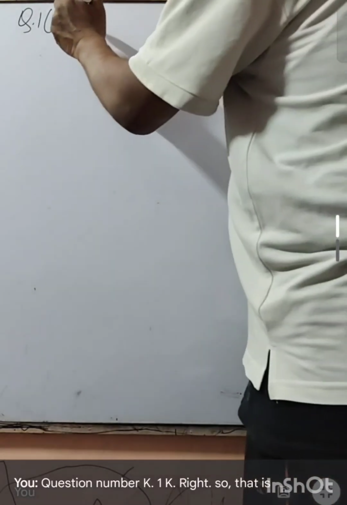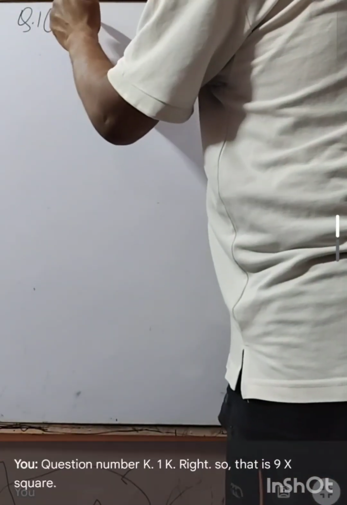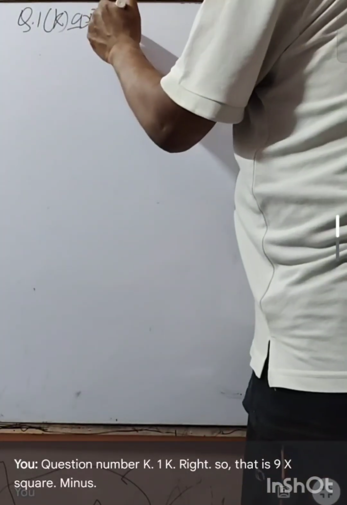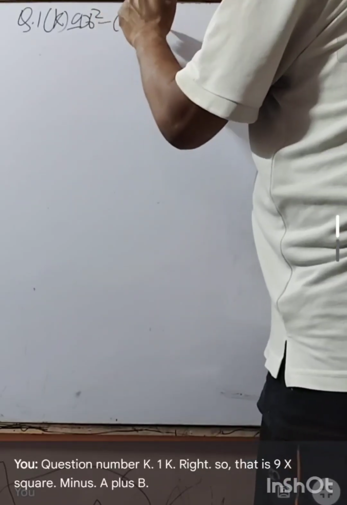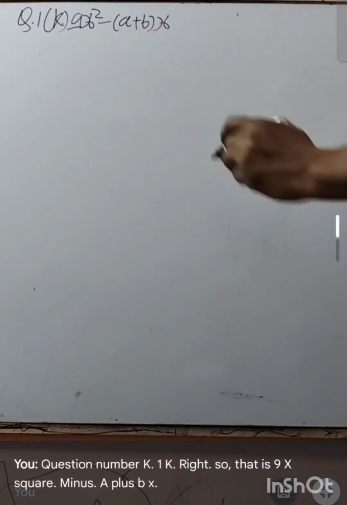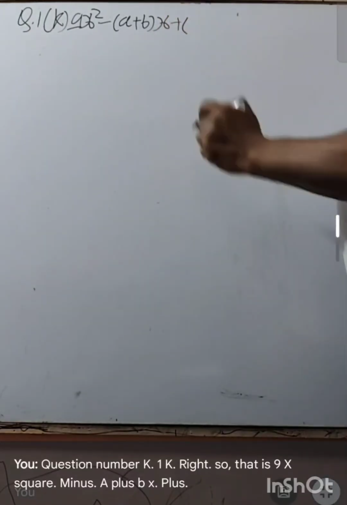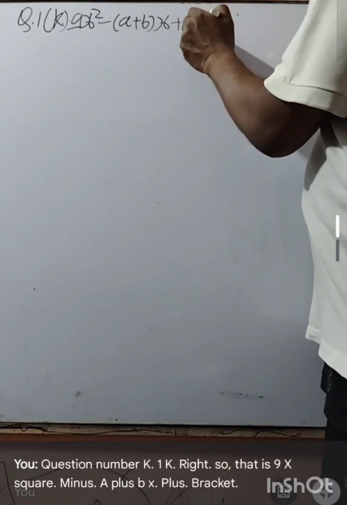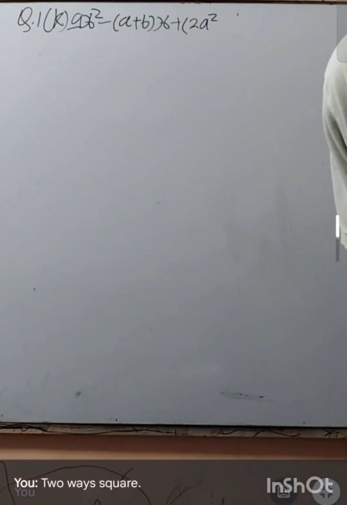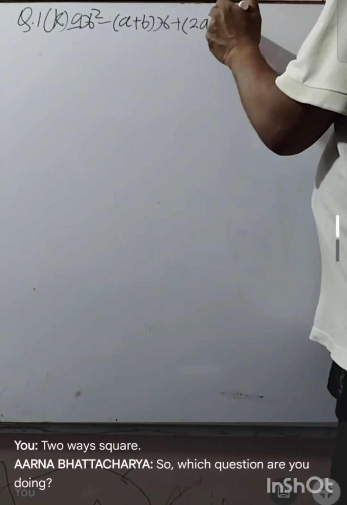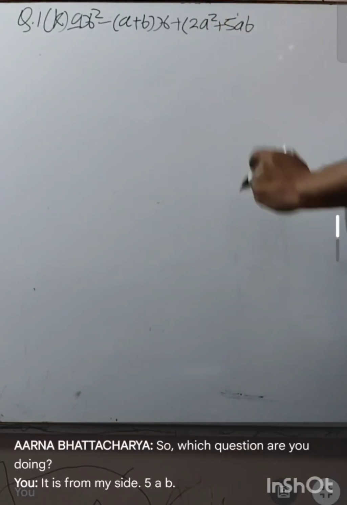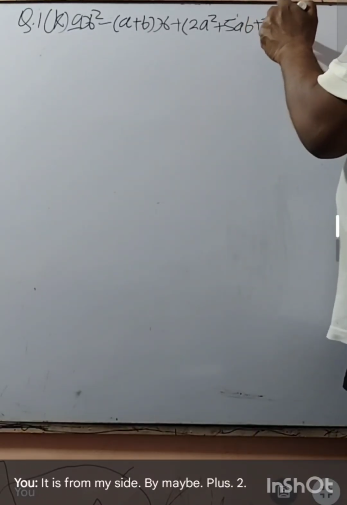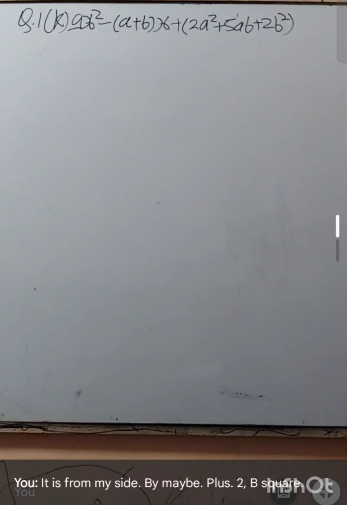So that is 9x square minus (a plus b)x plus (2a square plus 5ab plus 2b square) is equal to 0.